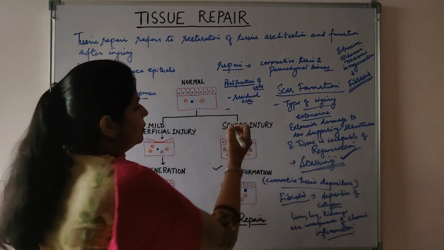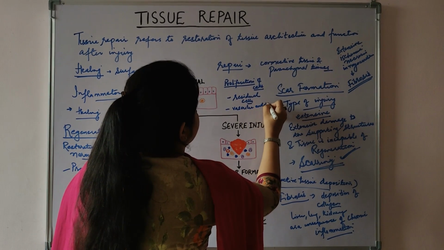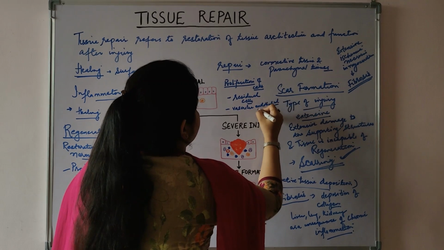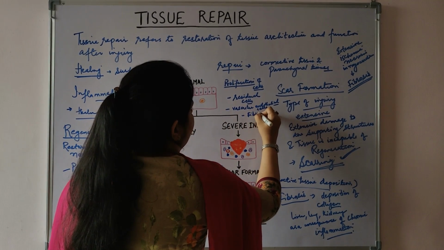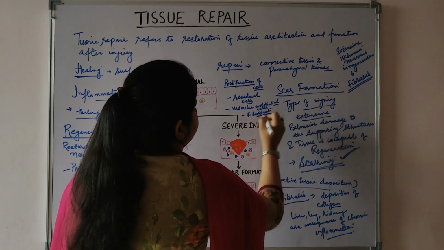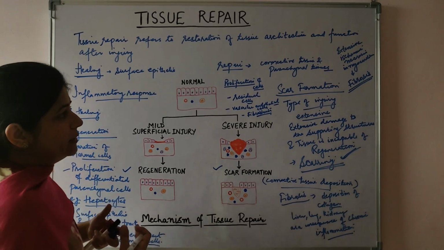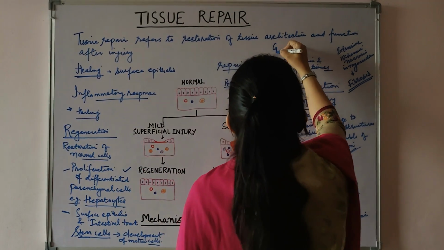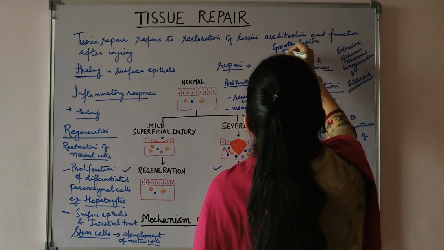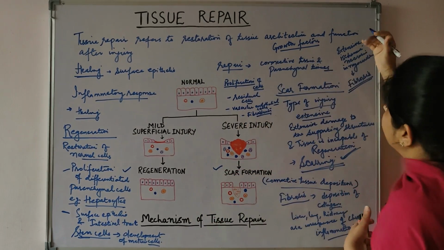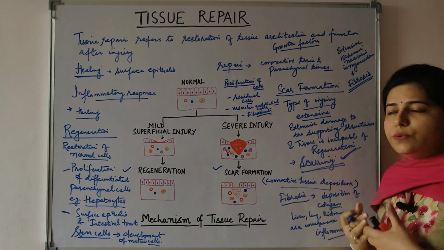There is also proliferation of vascular endothelial cells and of fibroblasts. So how is this proliferation going on? Growth factors are required for proliferation, and there are various signaling pathways that mediate this process of tissue repair.